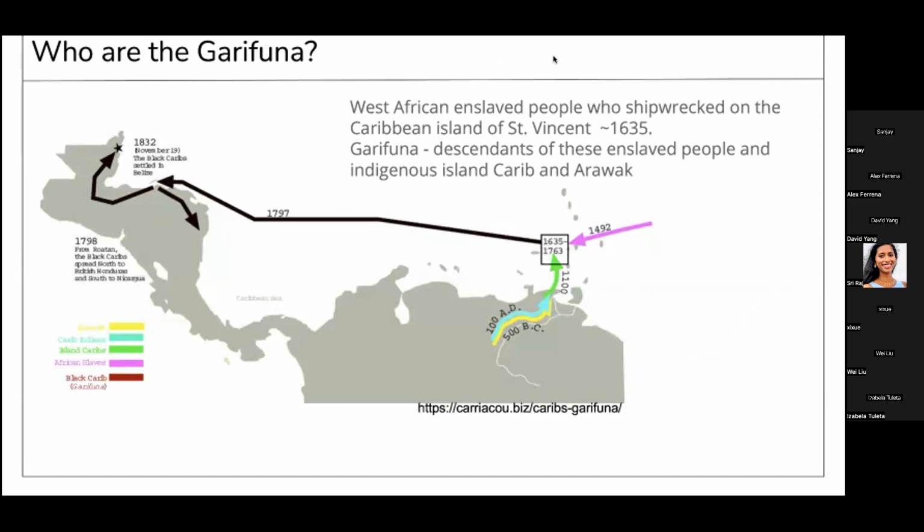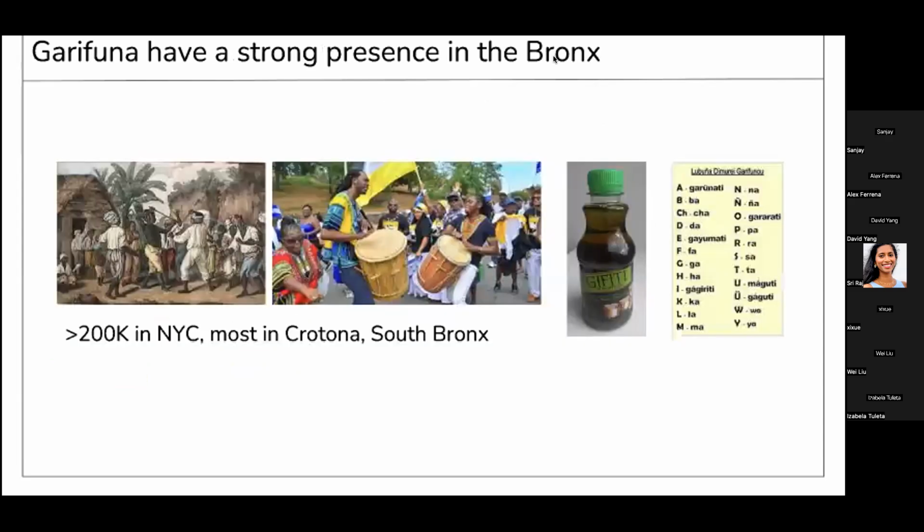And they stayed on that island and eventually were exiled to coastal South and Central America, where they still reside today. They don't live in St. Vincent anymore. But what's really cool is that they continue to maintain the Garifuna language. So they're, I think, one of the only surviving populations that still speak Arawak and indigenous Carib languages.